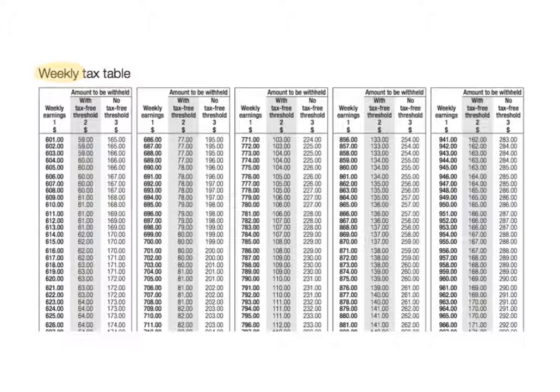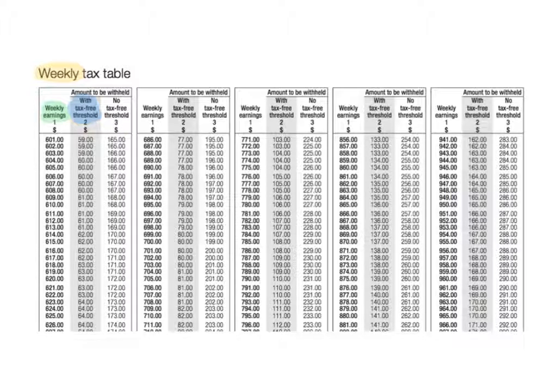The first column is going to be your weekly earnings, so how much the person is getting paid. For our example, Steve, it's $950. The second column is going to be how much the employer should be withholding from that $950, presuming the person is only working one job.